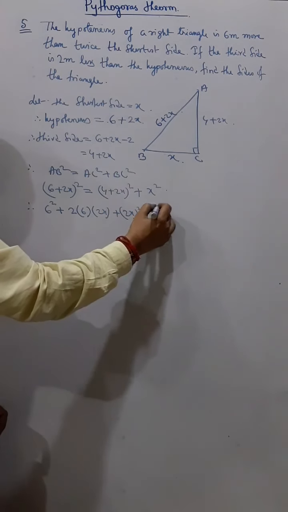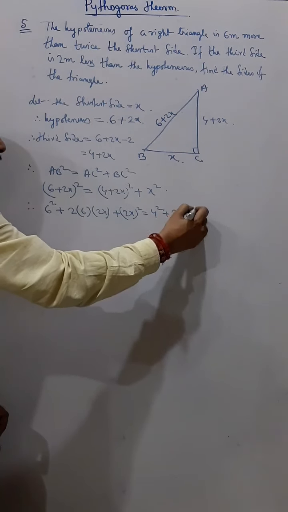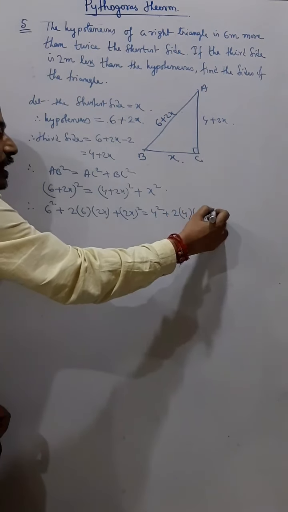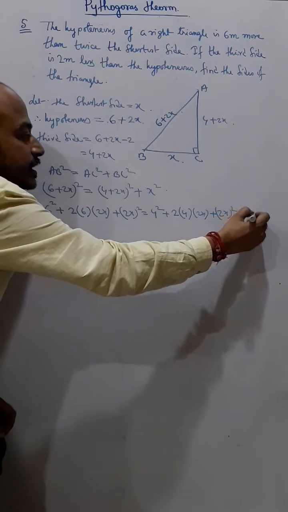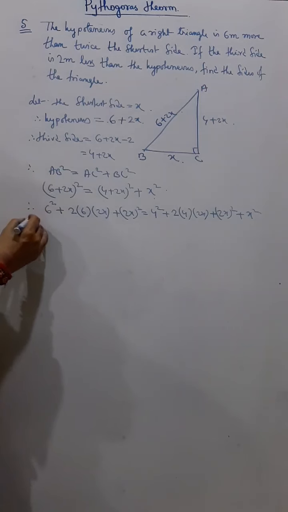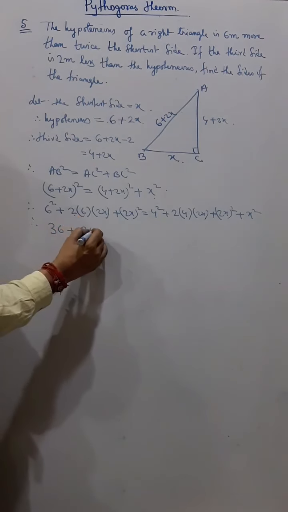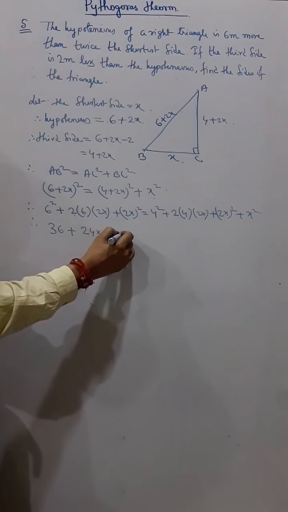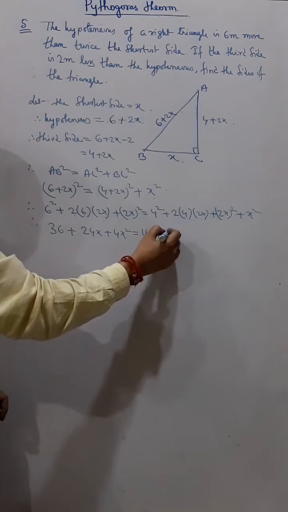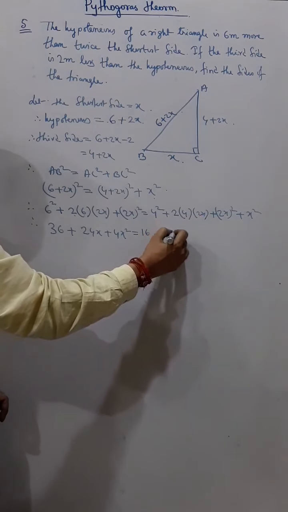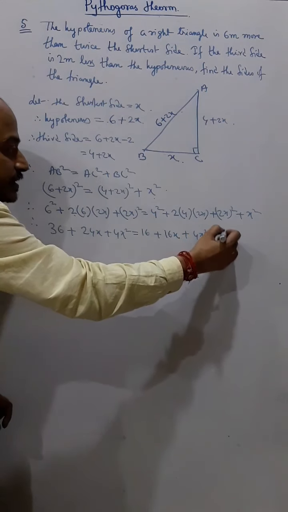Again here we are getting A square plus 2 into A into B plus B square and then plus x square. So we got here 36 plus 24x plus 4x square is equal to 16 plus 4 into 2, 8 into 2, 16x plus 4x square plus x square.